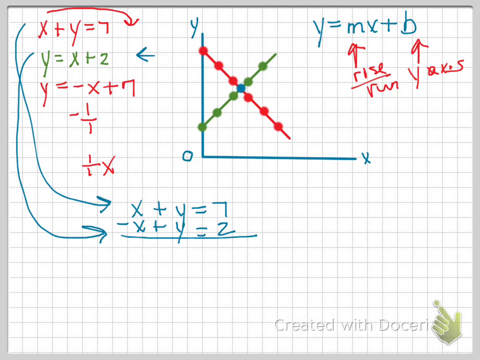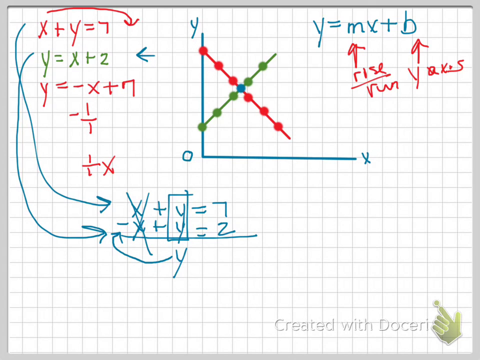Then we know we can solve by adding those two simultaneous equations to eliminate one of the variables and solve for the other variable. Once we solve for y, we plug it back into one of the equations to solve for x, and we find our coordinates.